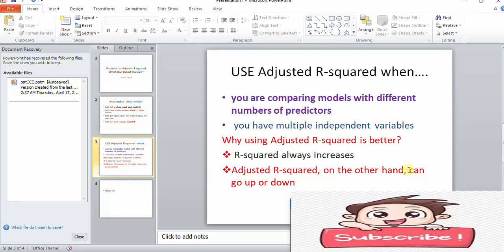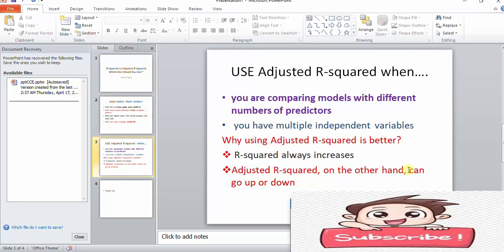So adjusted R square is important when you have different or multiple independent factors. The reason is R square always increases or at least stays the same when you add more variables to the model, even if those variables are not really useful for the enhancement of your model.